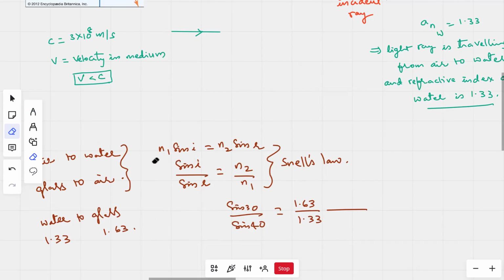Here he is saying that the light ray is traveling from water to air. So N1 is the water, and this is air. And remember, for air, the refractive index is 1.